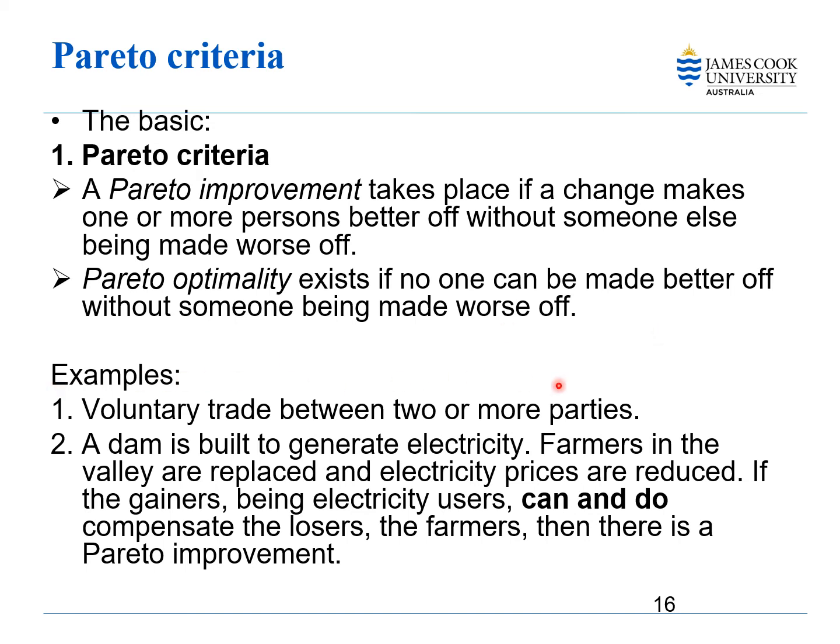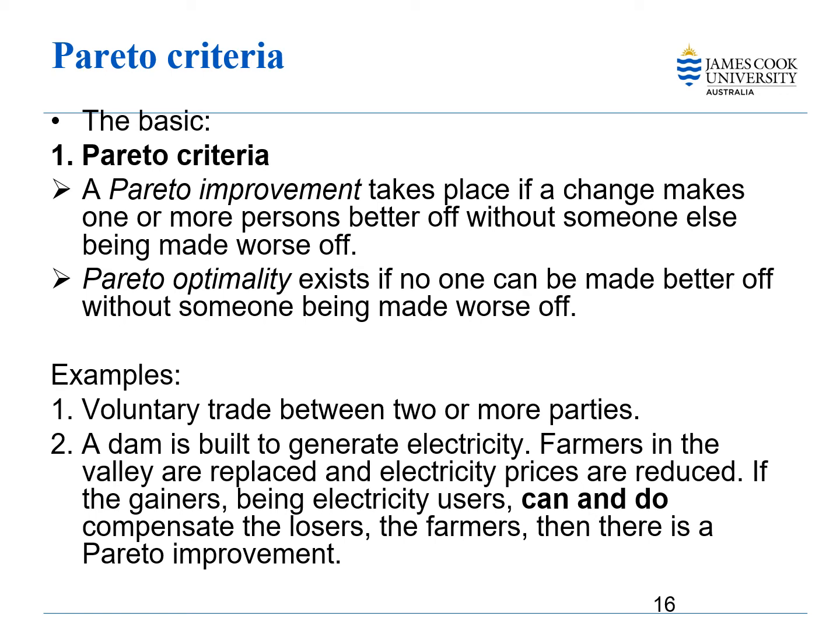Okay, examples. For example, a free trade agreement with two or more parties could be a Pareto improvement. Or a dam is built to generate electricity. Farmers in the valley are displaced and electricity prices are reduced because there is more supply of electricity in the market. The gainers are the electricity users because now the electricity price drops.